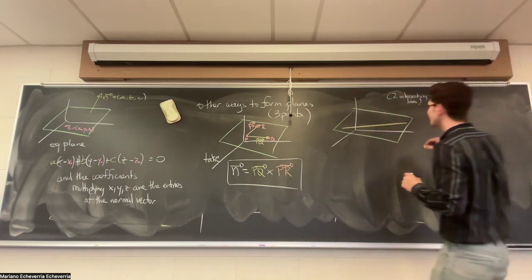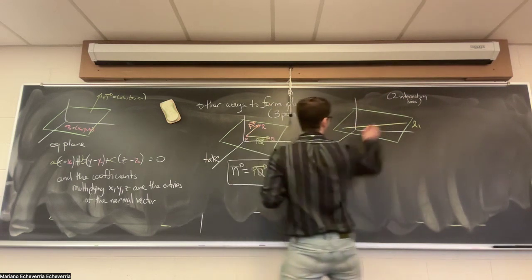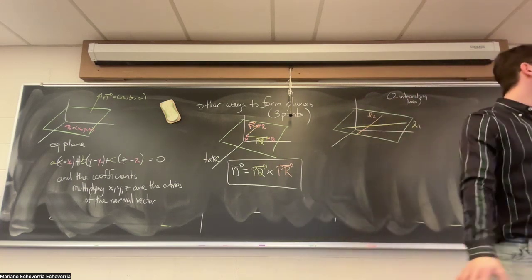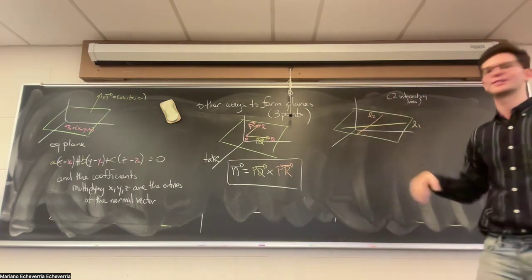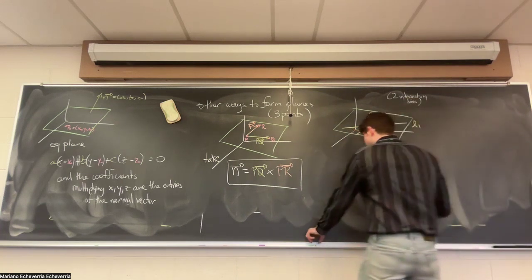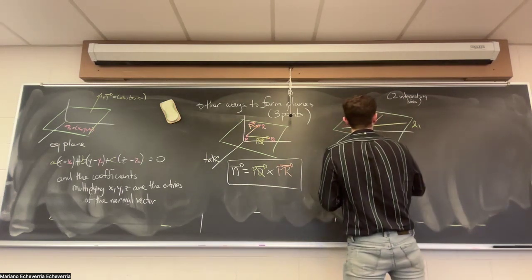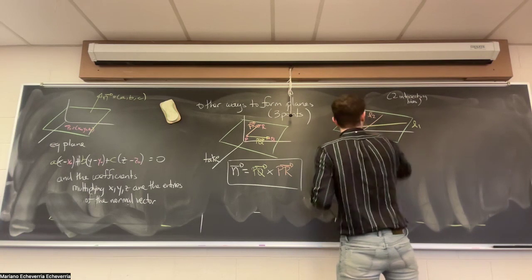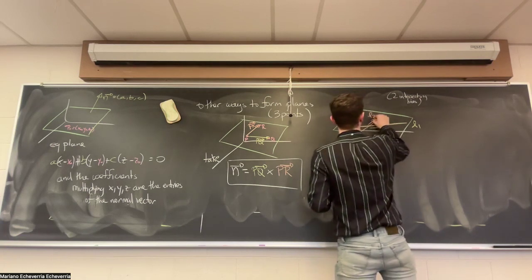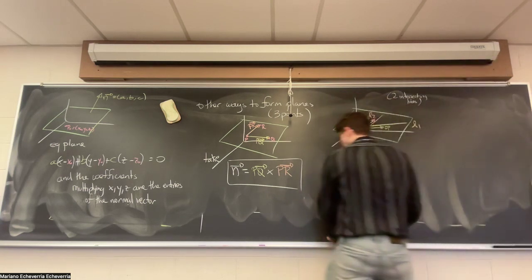So I have line one here. And I have line two here. It's more or less the same as in the previous picture. Each line has its own direction vector, that's the point of having a line. So let's call them V1 and V2. Let's see if I can draw them here. So those are the directions of the lines.